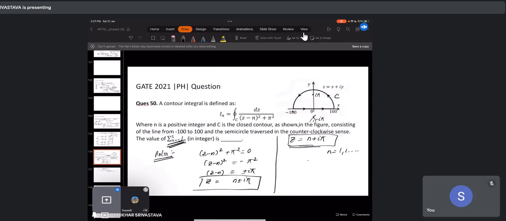I have factorized this because you know that it has two roots, n plus iota pi and n minus iota pi. So this denominator can be written as z minus of this times z minus n plus. When you multiply this, you'll get this only.